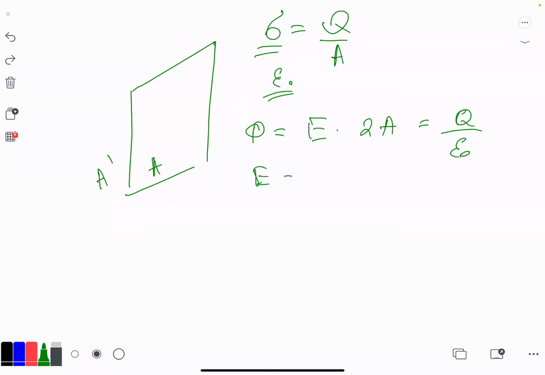That means E is equal to Q over 2 epsilon naught A, correct? And Q over A gives you sigma, which is the area charge density, which means E equals sigma divided by 2 epsilon naught.